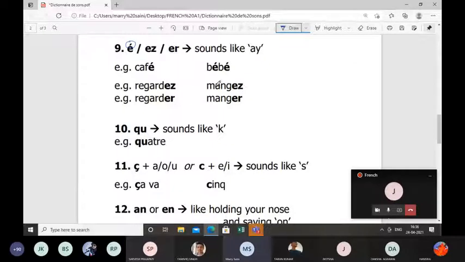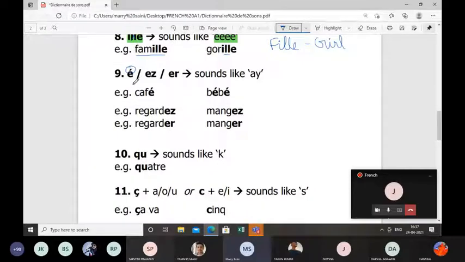The next sound that we are having here is with accent aigu. I have discussed these accents before also. Like in Hindi we are having matras, these accents are similar. Please look at the accent carefully, in which direction they have put the accent. We call this accent aigu.